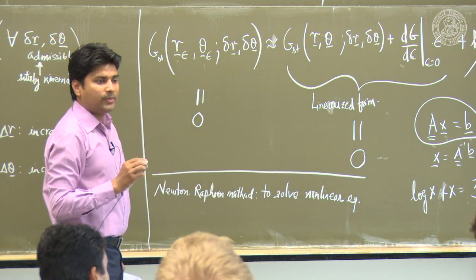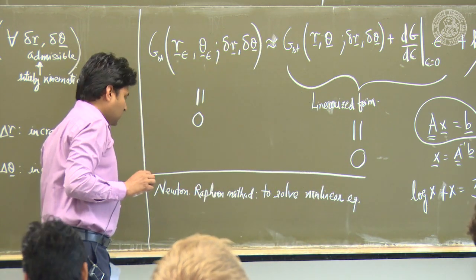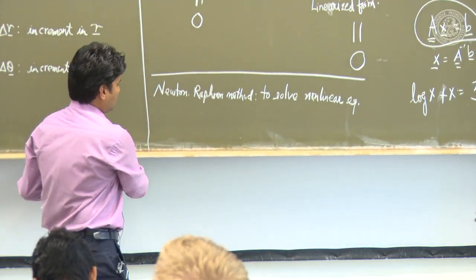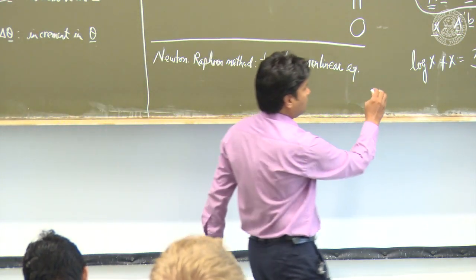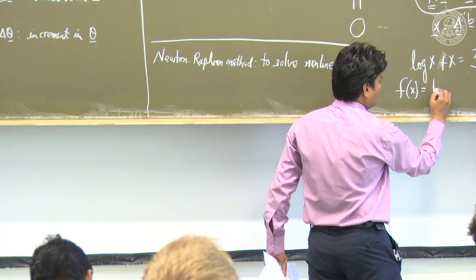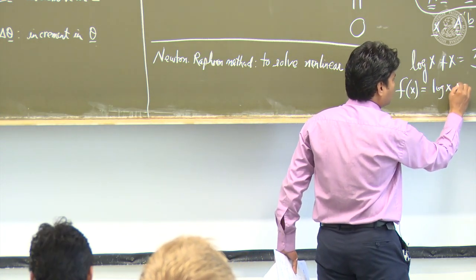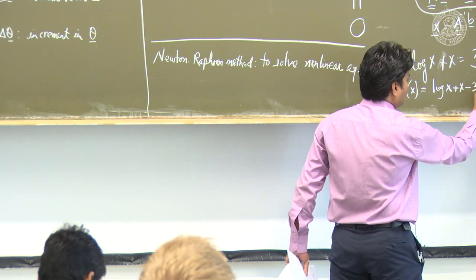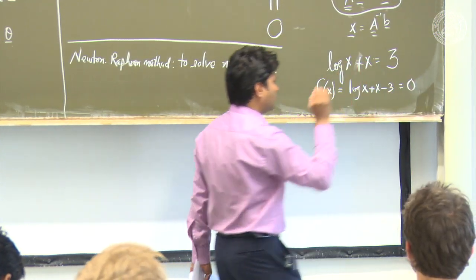And what's the idea behind the Newton-Raphson method? Let us say that's your f of x, which is equal to, in this case, log x plus x minus 3, and we want to get it equal to 0.